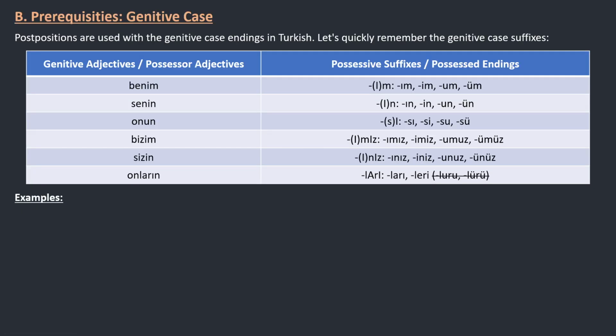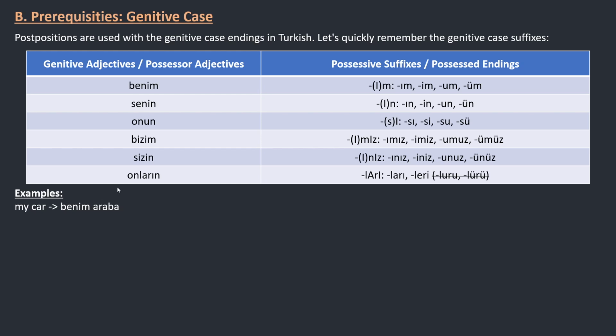So first, let's remember the genitive cases. So we have all these suffixes, and for example, if I say my car, so first I will go with benim, and the word for car is araba.